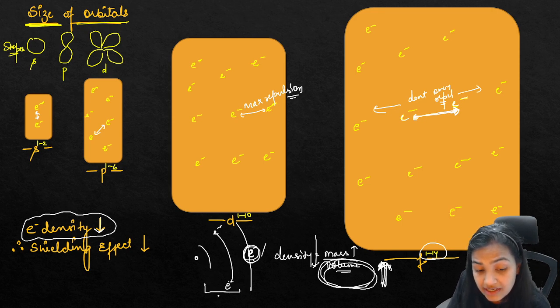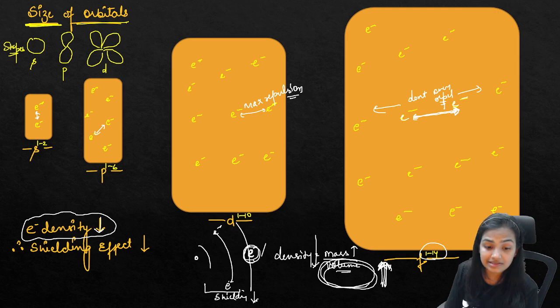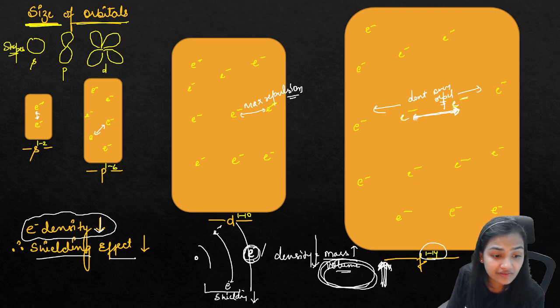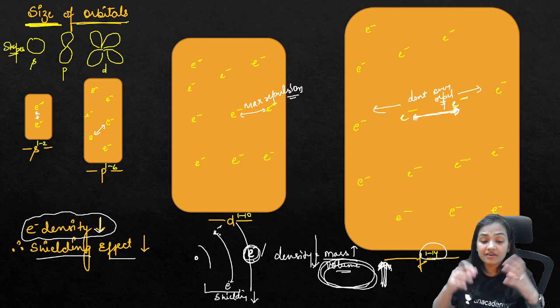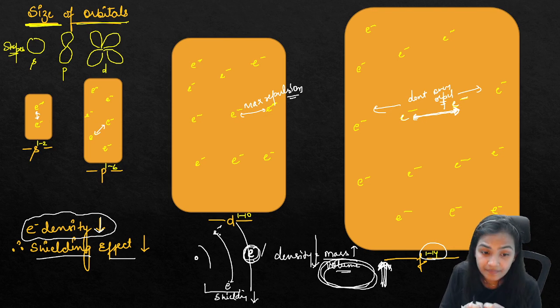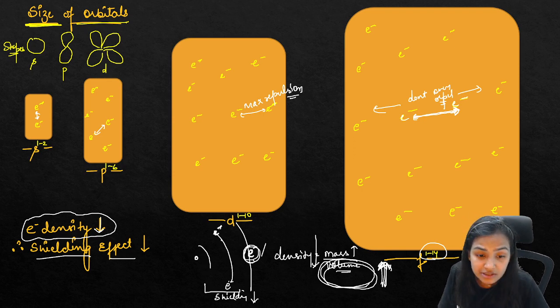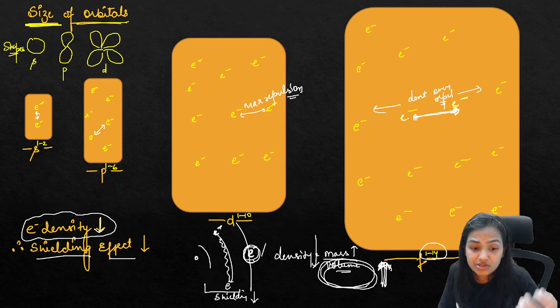The protection that these electrons could provide, the shielding effect, decreases. Are you getting why? If the electron density decreases and the electrons are not repelling, then this portion becomes free, so this whole portion is becoming free.